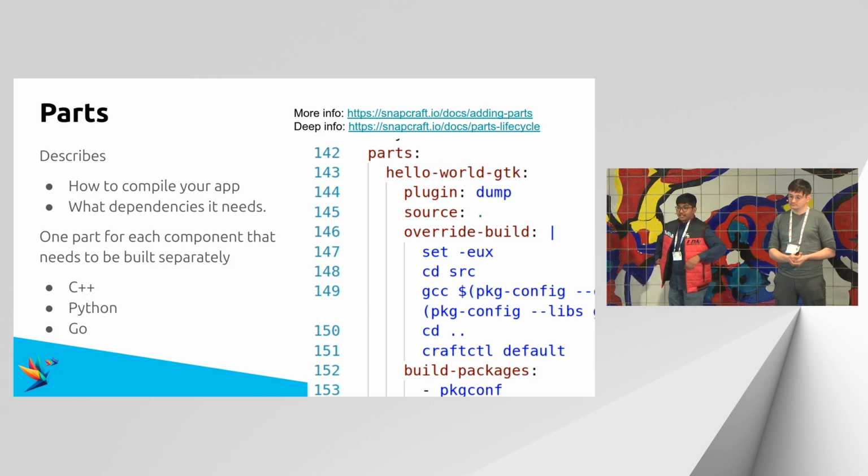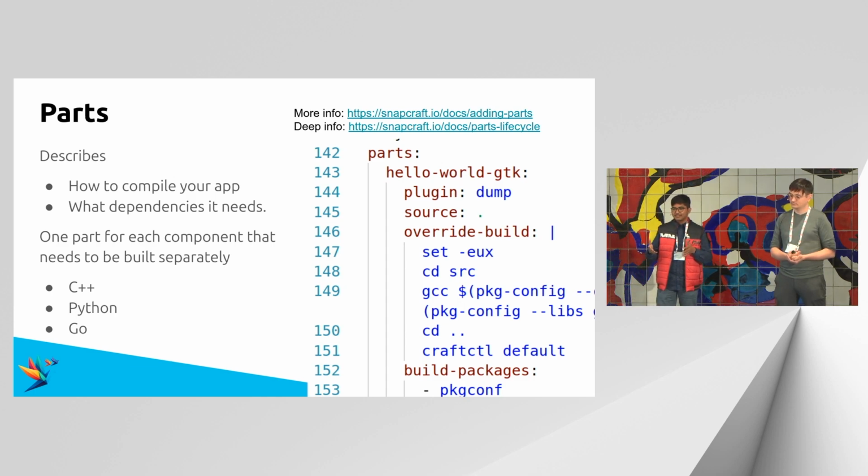And now it comes to very interesting parts. So these are the dependencies of your Snap. For example, hello world GTK doesn't really need anything other than itself, so we just declare it there. There's a hello world GTK, we name it that, and then we use some plugins, which is basically the way we'll build the Snap, and then we set the source, that is here in our case the local directory, and then these parts are overriding the build.